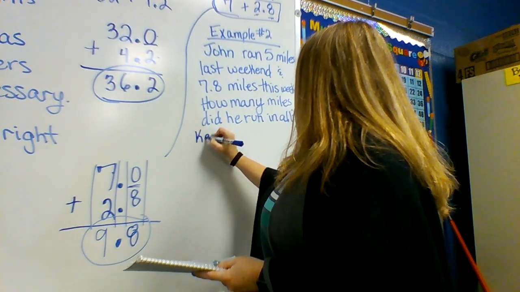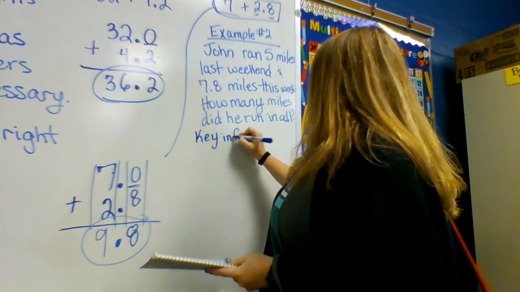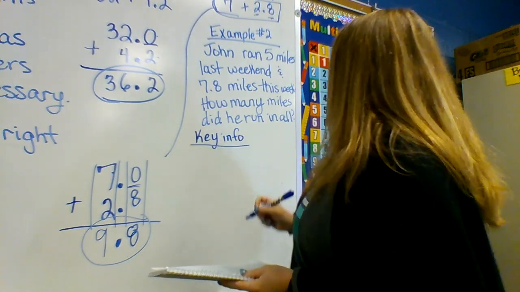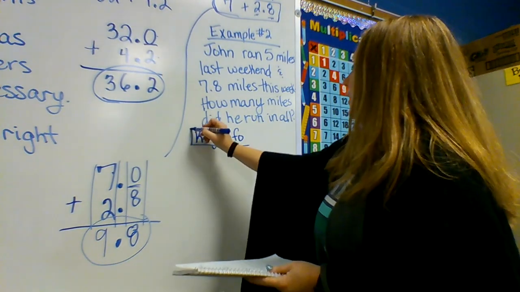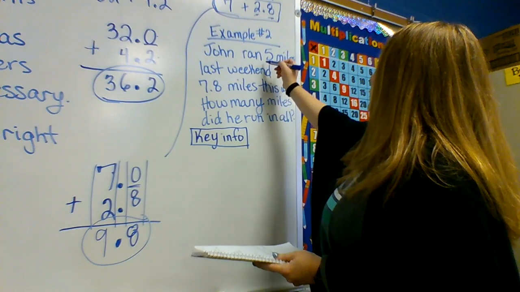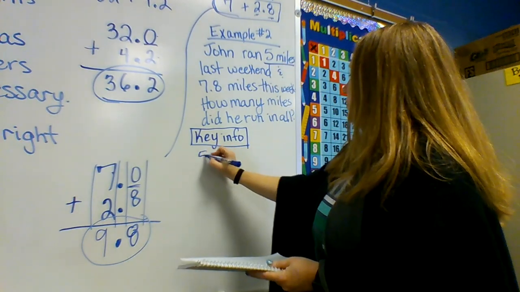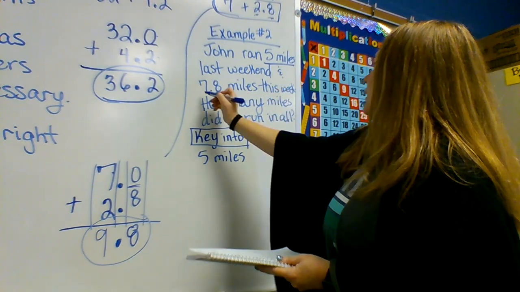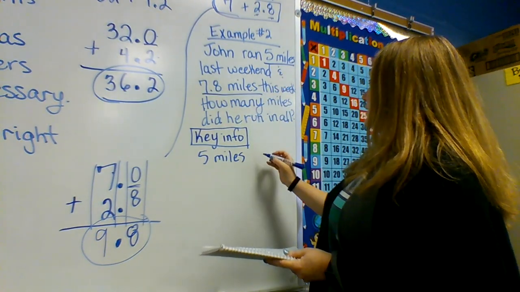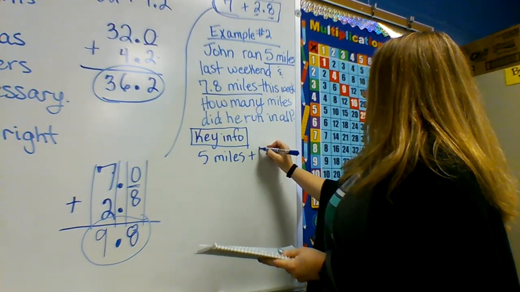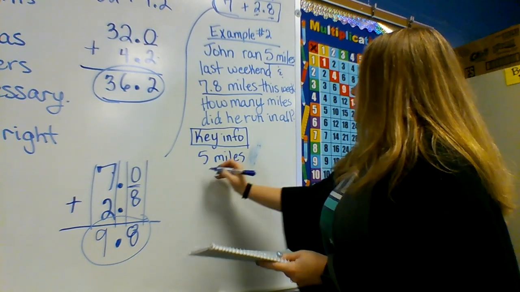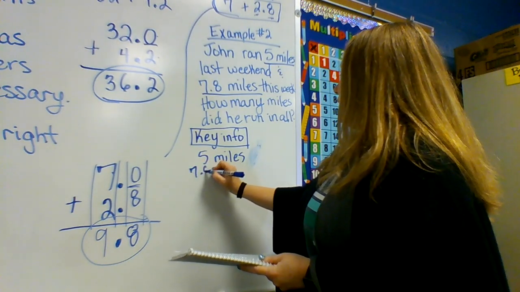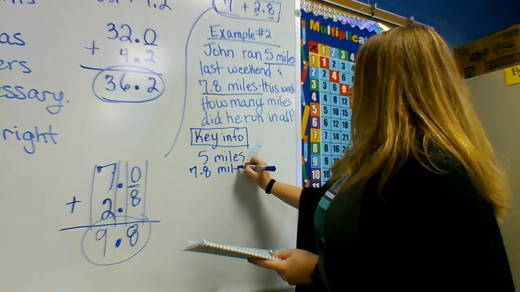Key information. What do we know from the problem? Well, he ran 5 miles, and he also ran 7 8/10 miles.